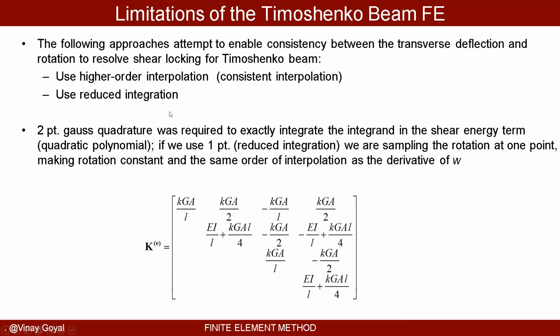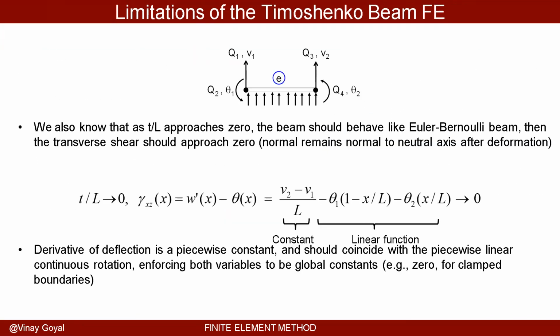Why does that work? Because if I do that, W is quadratic, so W prime becomes linear, and now I have a linear function here and a linear function here. I can add them up and figure out a way of getting to zero if I needed to for a thin beam. Well, this was locking me. This is constant. This is a linear function.